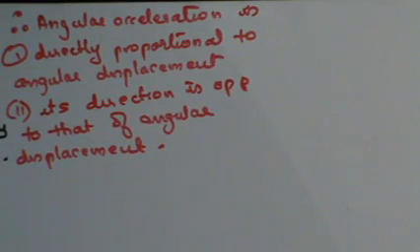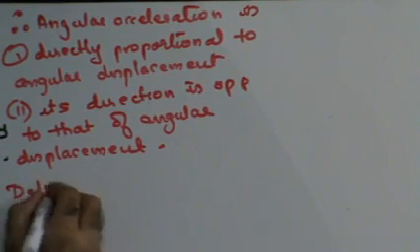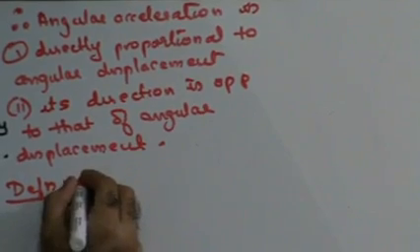Right? So on the basis of this, now I can define an angular SHM. Definition: how do I define an angular SHM?